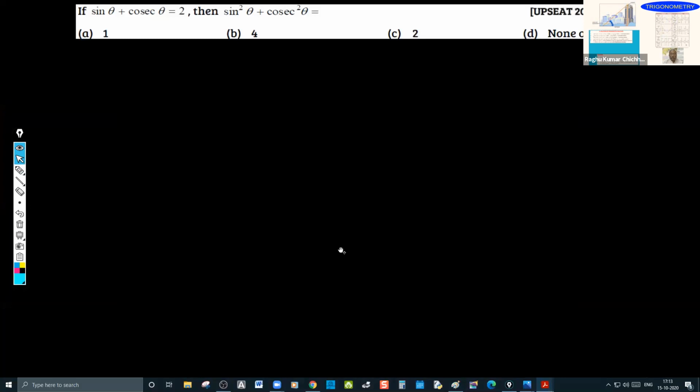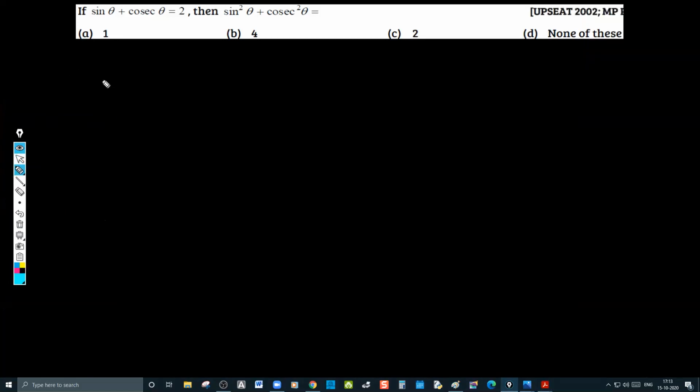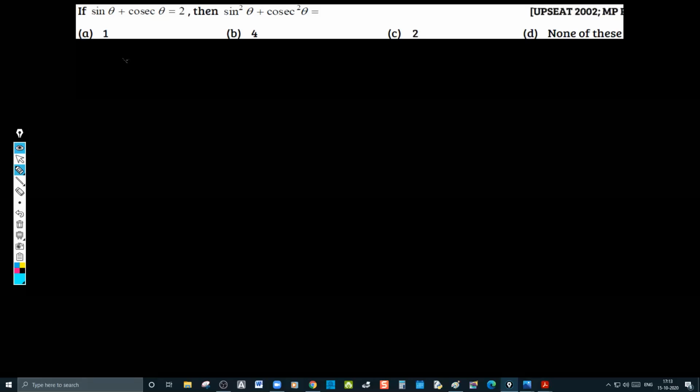Can you read that question, Bhavi? Maurya, do you read the question? If sine theta plus cosec theta is equal to 2, then sine square theta plus cosec square theta is equal to: option A, 1; option B, 4; option C, 2; option D, none of these.